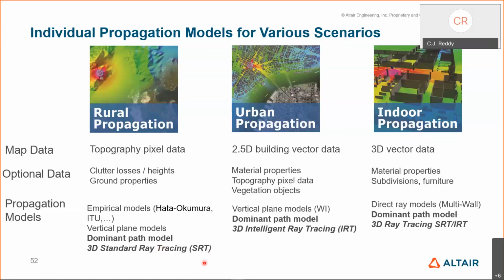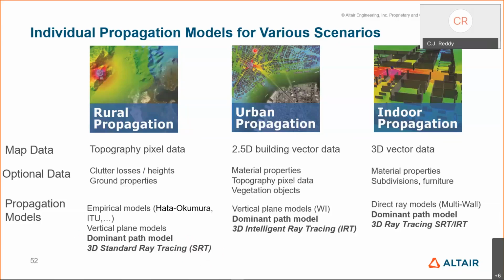So why do all the rays? You can discard the rays that don't carry much of the energy and do only the rays that carry dominant power. That's why you call it the dominant path model. It saves time dramatically and can give you results that are reasonably accurate compared to standard ray tracing.